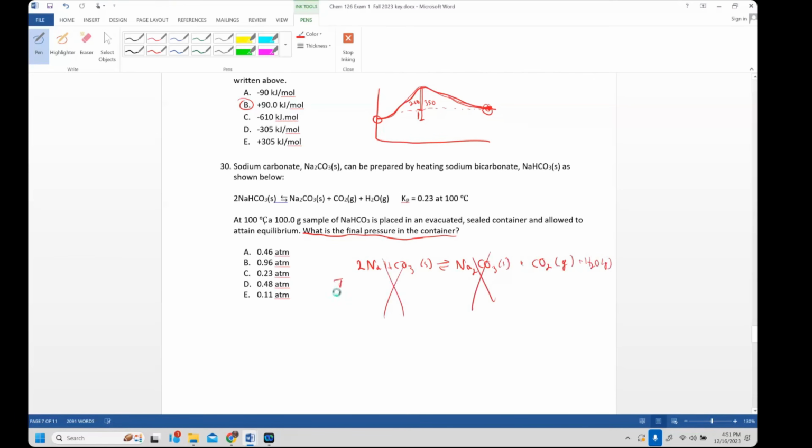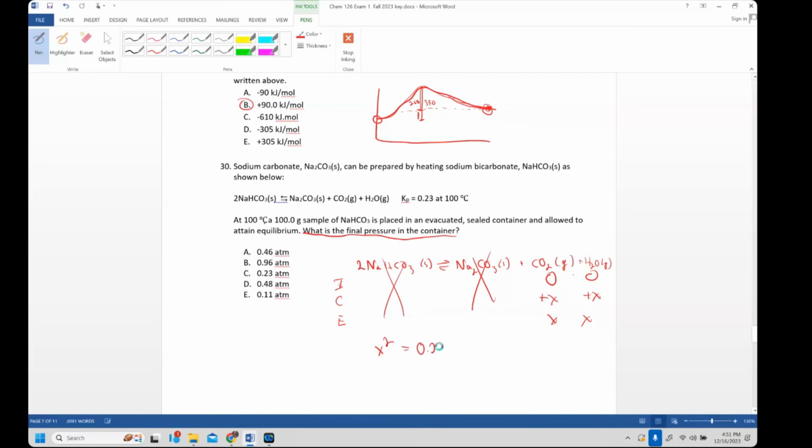So we have no reactants. So our initial is going to be 0 across the board. Then we have plus X, and then we have X and X. So we have X squared. That's it. So our CO2 times the H2O, that is going to be all we need for our equilibrium expression. And it's going to be equal to Kp.